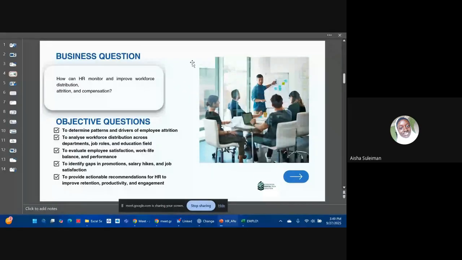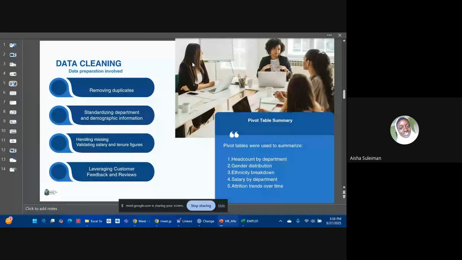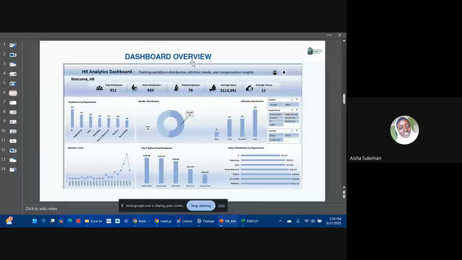To answer our business questions, we prepared and cleaned the data, summarized it using pivot tables, and developed the HR analytics dashboard. The dashboard highlights our key workforce metrics, including headcount, diversity, attrition trends, and compensation patterns. At this point, I'll hand over to the next presenter who will walk us through the dashboard overview.